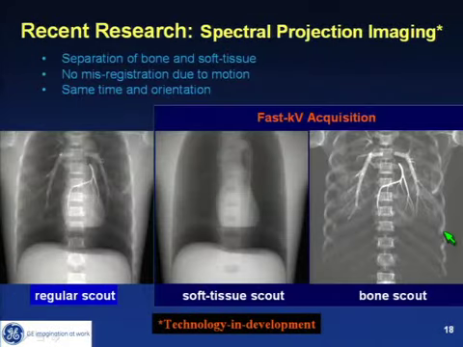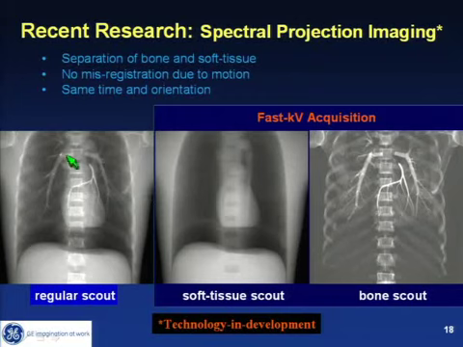Another potential application is for dual energy scout. Previously, up to now, for CT, scout is only used for landmark purposes. You're basically saying where do I want to start the scan, where do I end the scan. However, with dual energy fast kV switching, you can generate scout-based dual energy sinograms or projections, as illustrated over here.